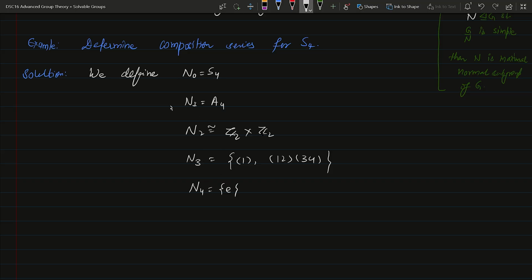We discussed this when we studied soluble groups. Moreover, we know that S4 by A4 is a group isomorphic to Z2, and Z2 groups are simple groups.